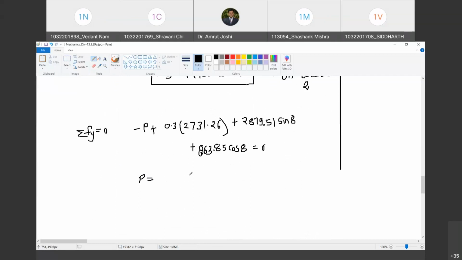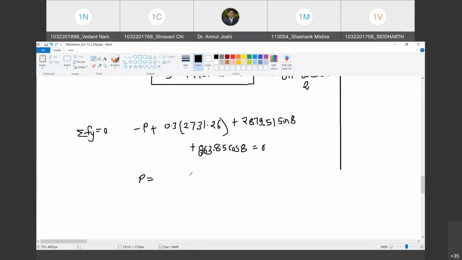How much is P? So let me work out that along with you. Yes, sir. 0.3 into 2731.26 plus 2879.51 sin of 8 degree plus 863.85 cos of 8 degree.